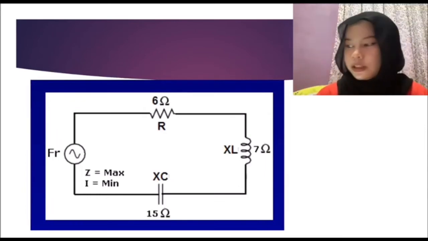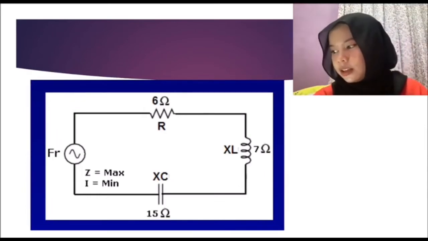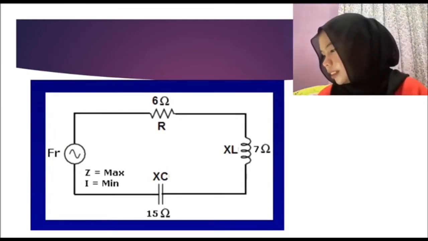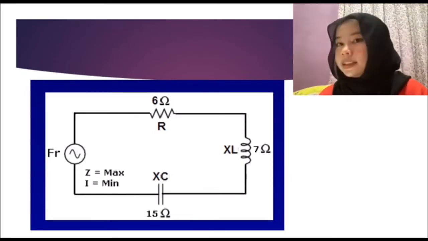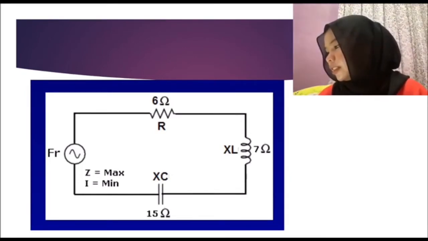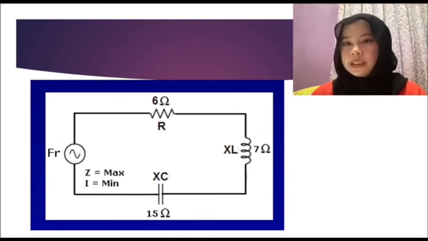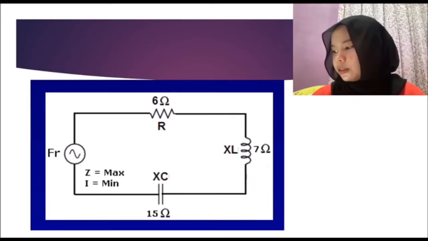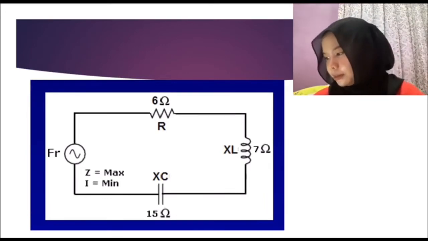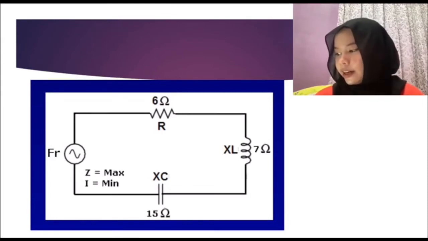The picture shown is the RLC series circuit after resonance. You can see the frequency there, and also when the Z is minimum, the I is maximum, and also the XL, the R, and the XC.